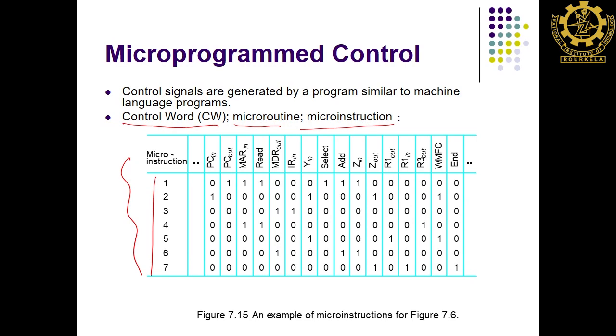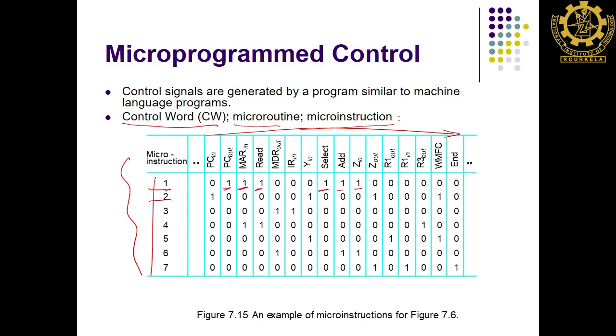Ideally, in the first step we want PC out to be 1, MAR in to be 1, the read signal to be 1, Y and select signal to be 1, add to be 1, Z in to be 1, and the rest all will be 0. Whatever signals are available, we put them in a column, and in the first step we put 0 whenever it is not required, otherwise if it is required, we put 1. Similarly in the second step, whatever things are required we put 1, the rest will be 0.